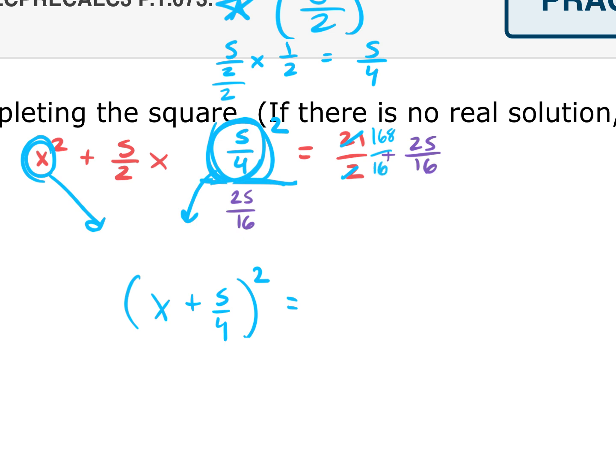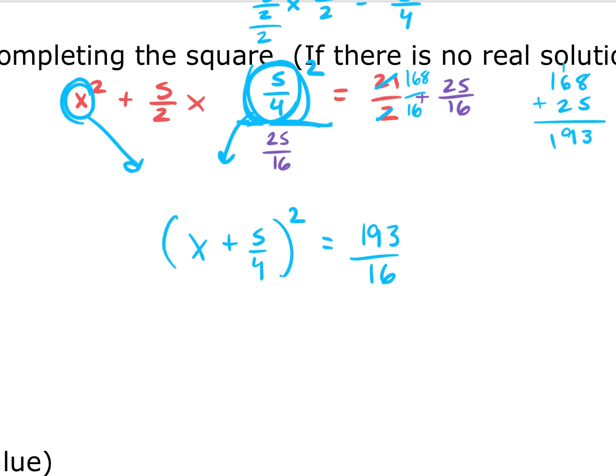When we add these, we get 193 over 16. Now from here we can solve. What would we do to solve?